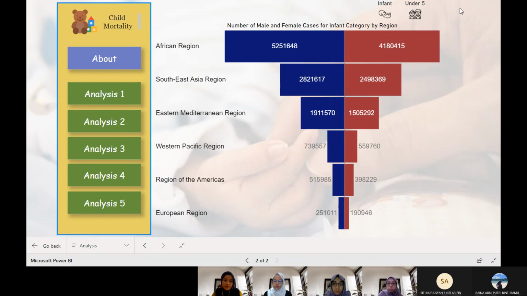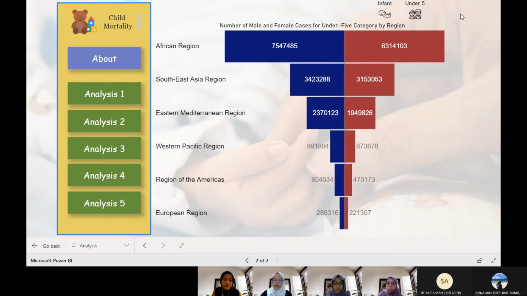From this chart, we can see that male attributes had more cases compared to female attributes. To answer research question number 5, the difference in the number of mortality cases for female and male attributes is 1,071,233 cases.